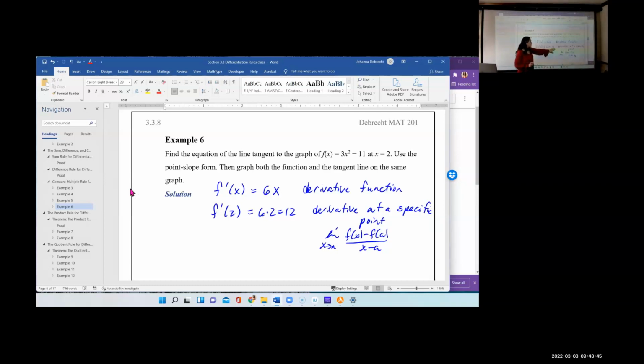So now we know that the slope of the tangent line at that point is 12, but I don't know what the point is. I know it's at x equal 2, but I don't know what the y value is. So I need the y value at the point by plugging it into the original function.